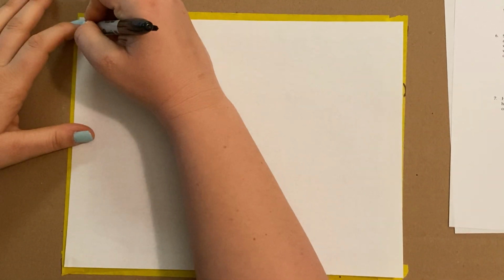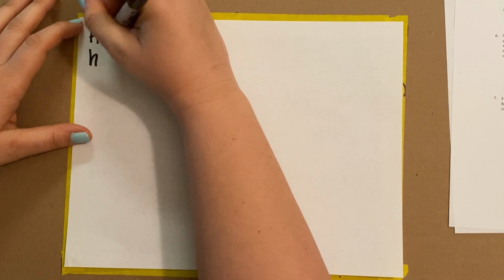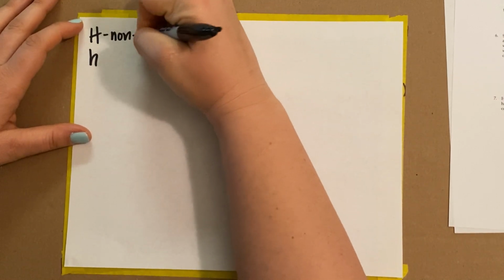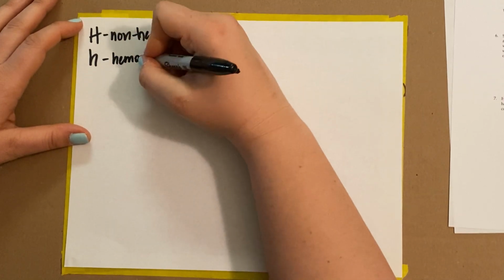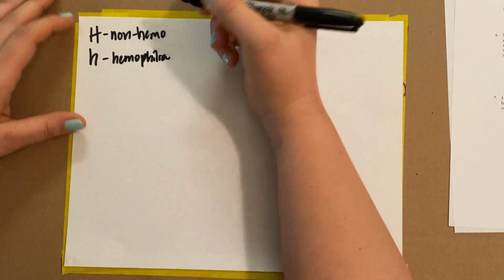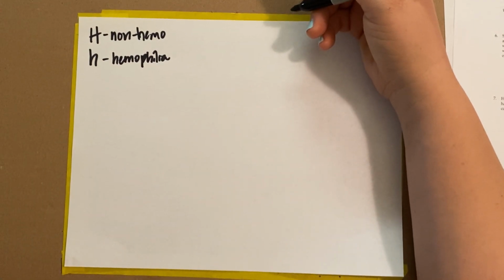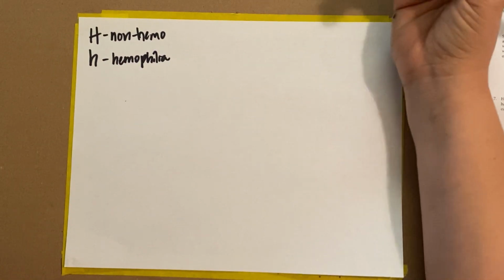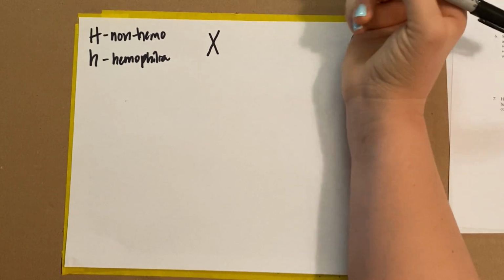So capital H is going to be non-hemophiliac, and this one is a hemophiliac. Hemophilia has to do with bleeding too much, you bleed excessively. This is a sex-linked trait, which means it is found on the X chromosome, but not on the Y chromosome.